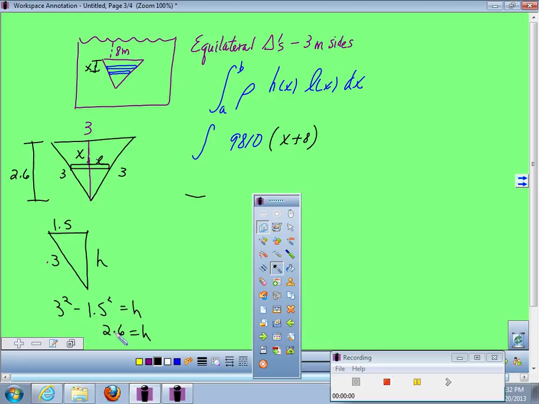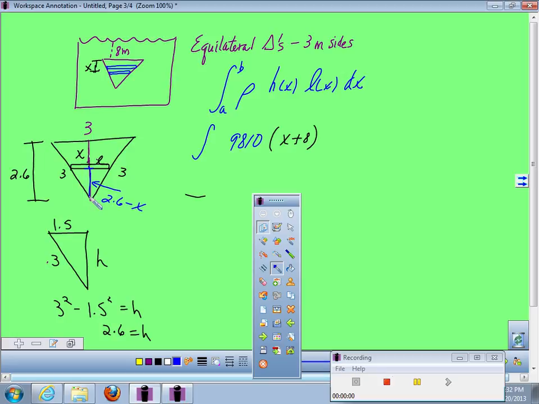Where is the little triangle I'm looking at? It's X, so I need the bottom piece down here, which is going to be 2.6 minus X. I guess I could color code it.